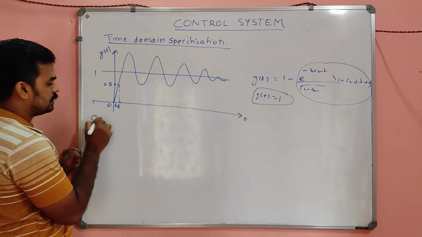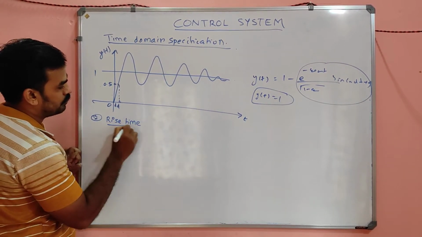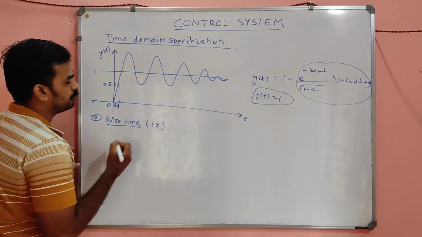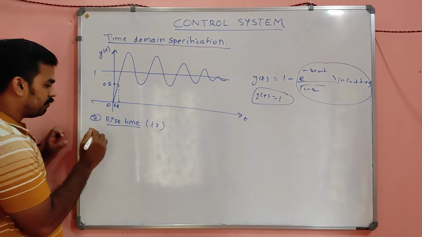And next is rise time. It is represented by TR. Rise time is very, very important, my dear. And first we can write the equation.